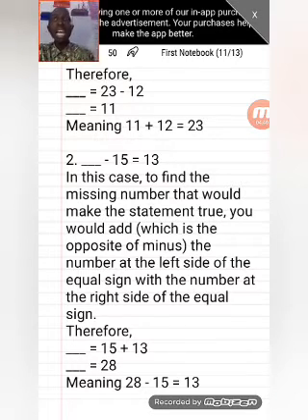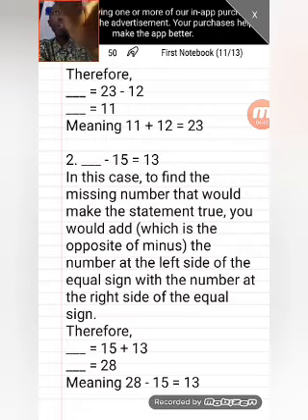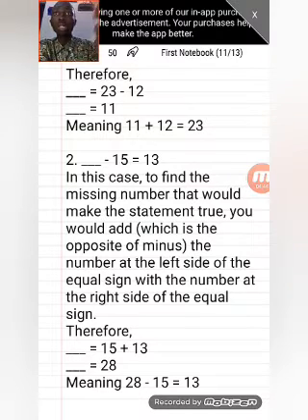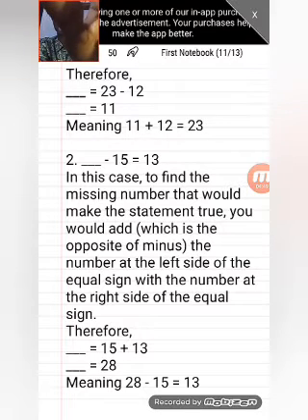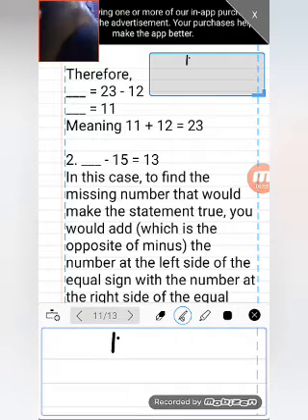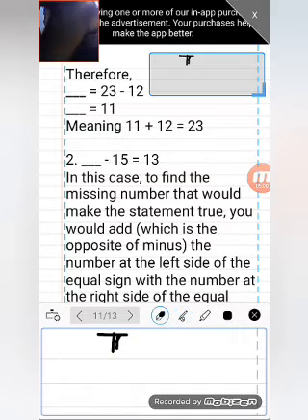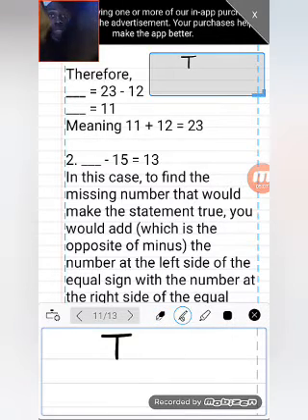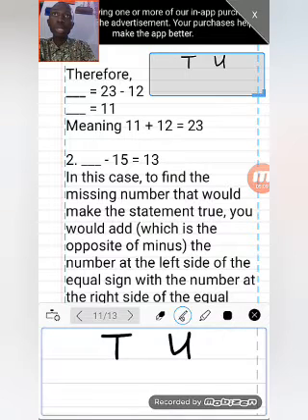23 minus 12, let me just do it roughly here so that you can be reminded of what we do in minus and plus. Remember what we do when we minus two-digit numbers. You can start with your tens. Okay, let me erase this and write it properly. You write your T, which is the tens, because we are doing two-digit numbers, and the unit, for the first digit here.